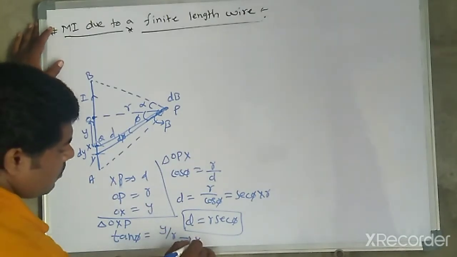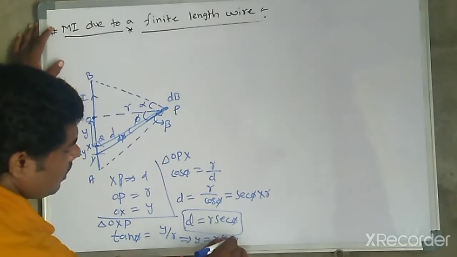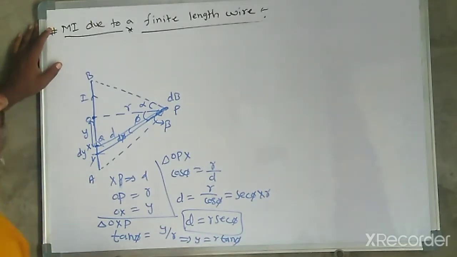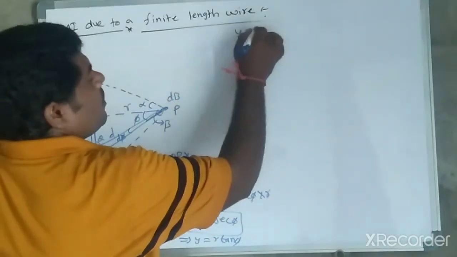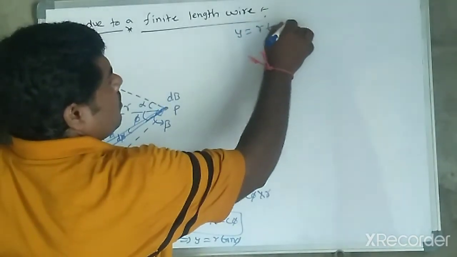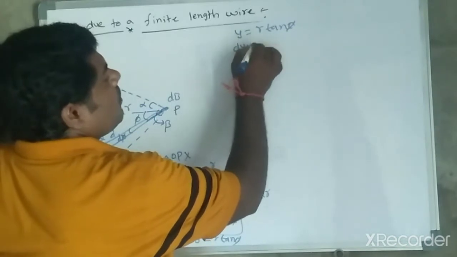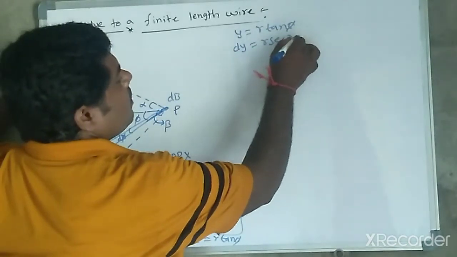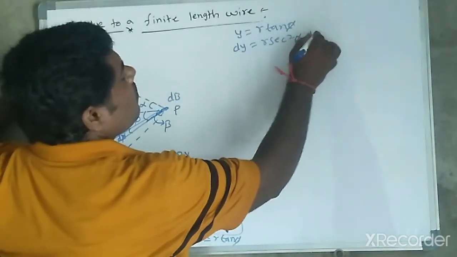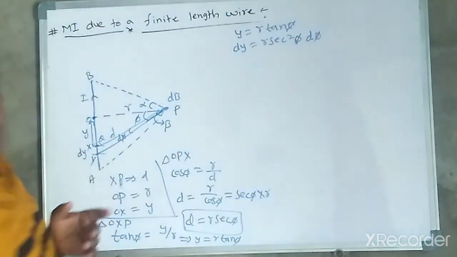From this, y is equal to r tan phi. Differentiate this equation with respect to phi. So dy is equal to r into secant square phi into d phi.